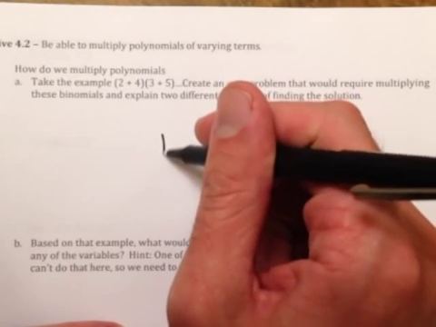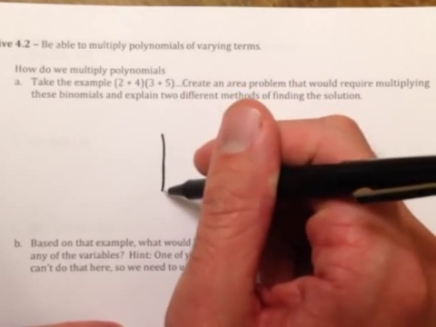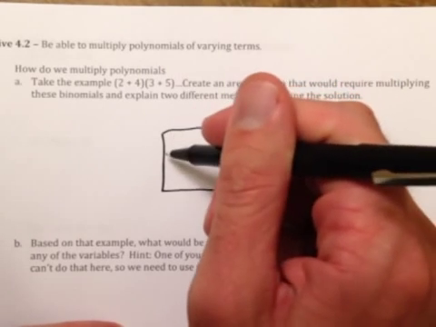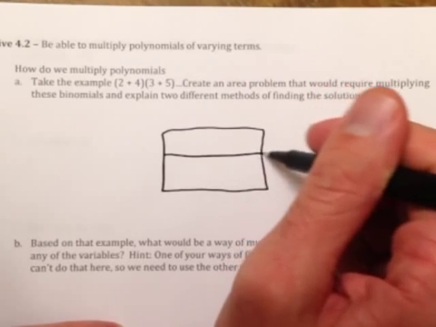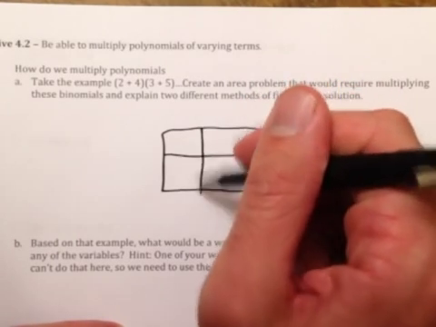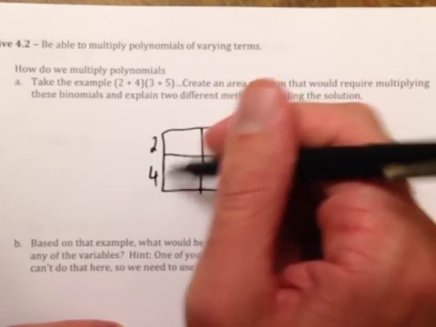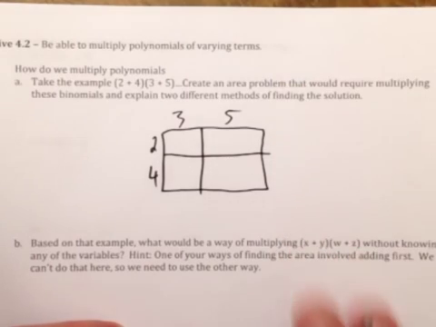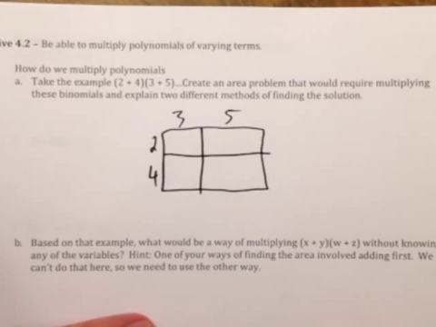So hopefully you drew something like this. The size is not super important here, but you maybe want to get it at least kind of close to right. I'm imagining a window situation where one side is 2 and 4 and the other side is 3 and 5.